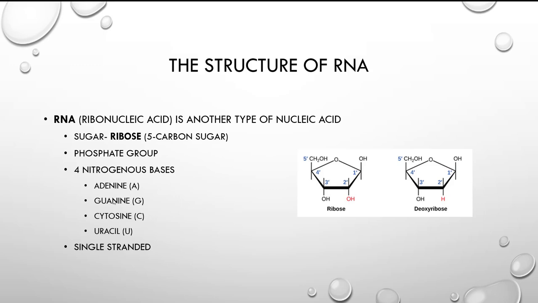The only real difference is, again, the type of sugar. And instead of thymine, there's something called uracil instead. Okay, so it could have adenine there, it could have guanine there, it could have cytosine, but instead of thymine, there's uracil.